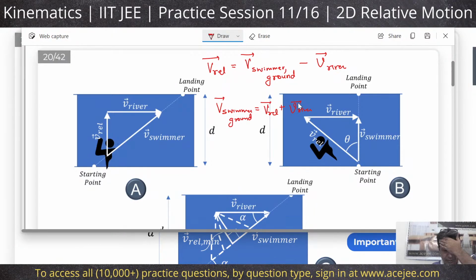So let's look at the three scenarios. We don't need to be that methodical with the vector algebra here. If we simply use common sense, we should be able to tackle these problems.